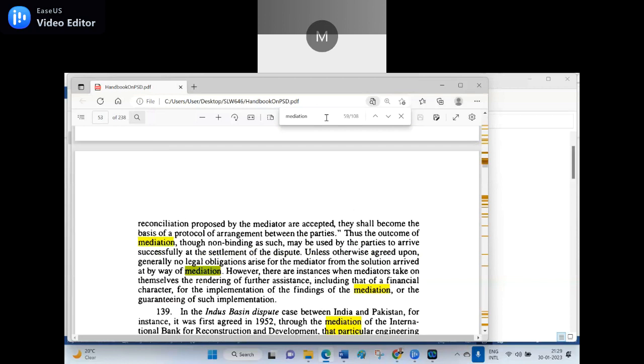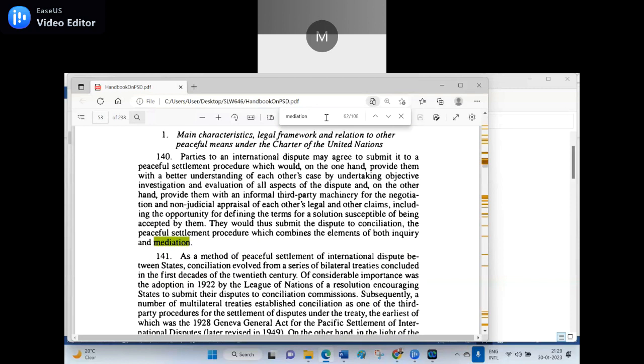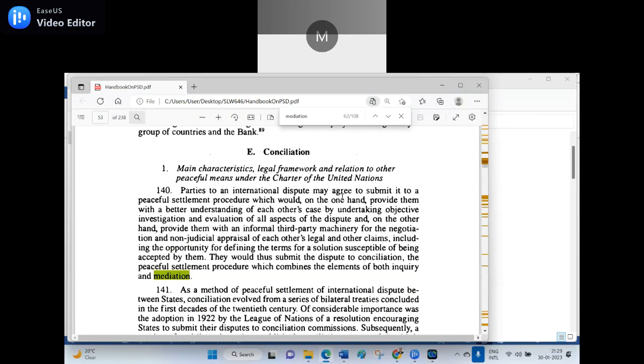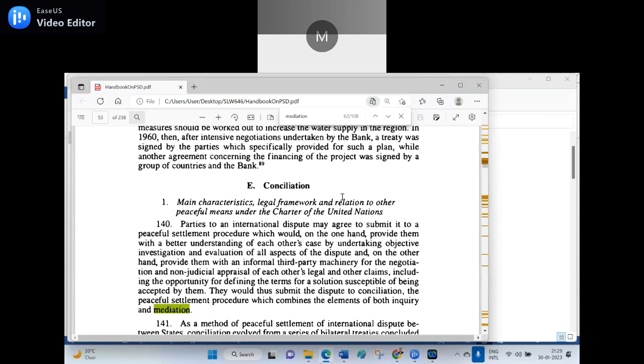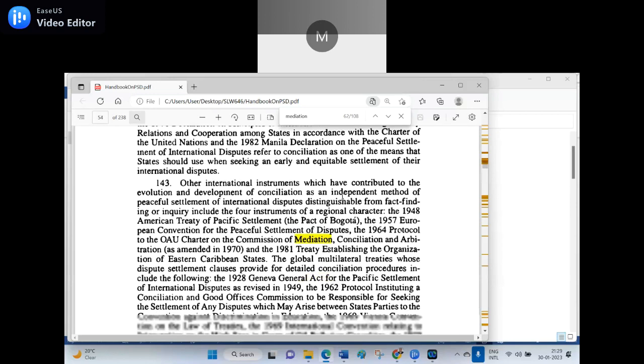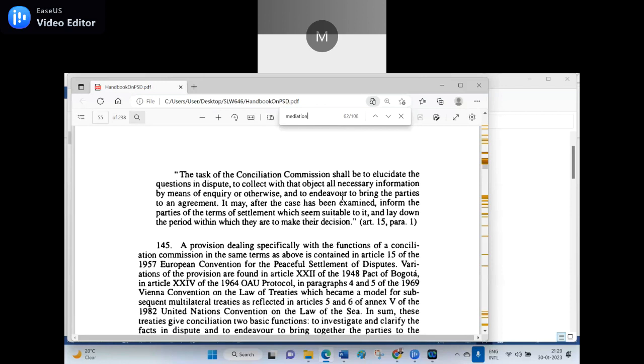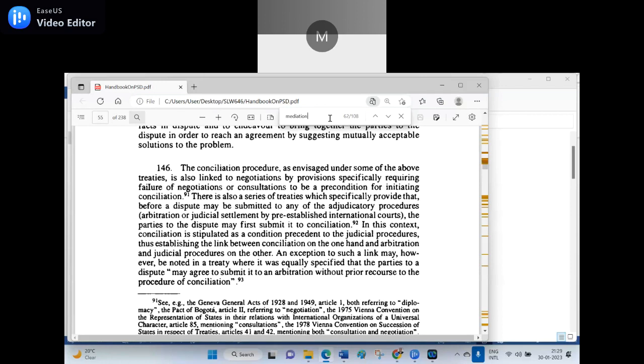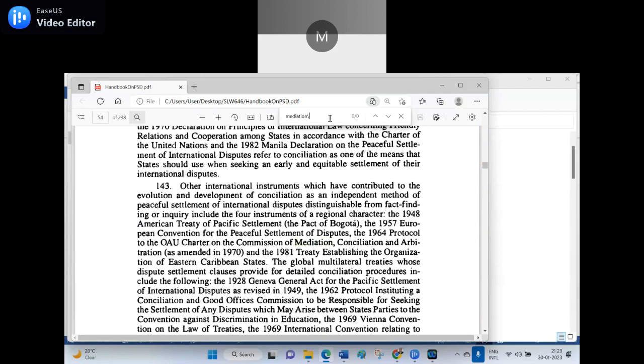So there I kept it, but when I opened another file, it disappeared. The peaceful means of the Charter, this is the UN Charter. This conciliation is in the UN Charter, separately given, but the nutshell is given in one aspect of it where we can go through it.